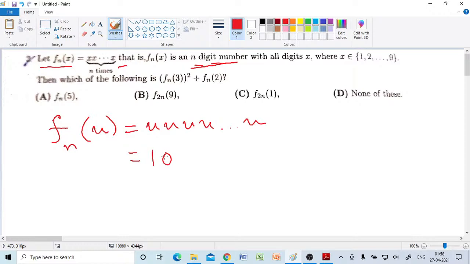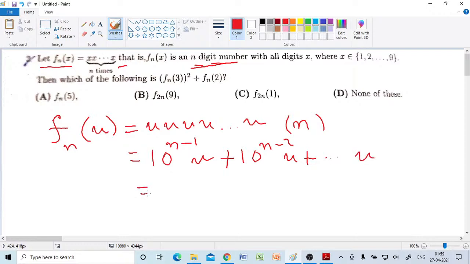Since there are n x's, we can say that it is 10 to the power of n minus 1 times x, plus, we can see that 10 is a two-digit number which is actually 10 to the power 1, 10 to the power of n minus 2 times x, plus this thing will continue, 10x.